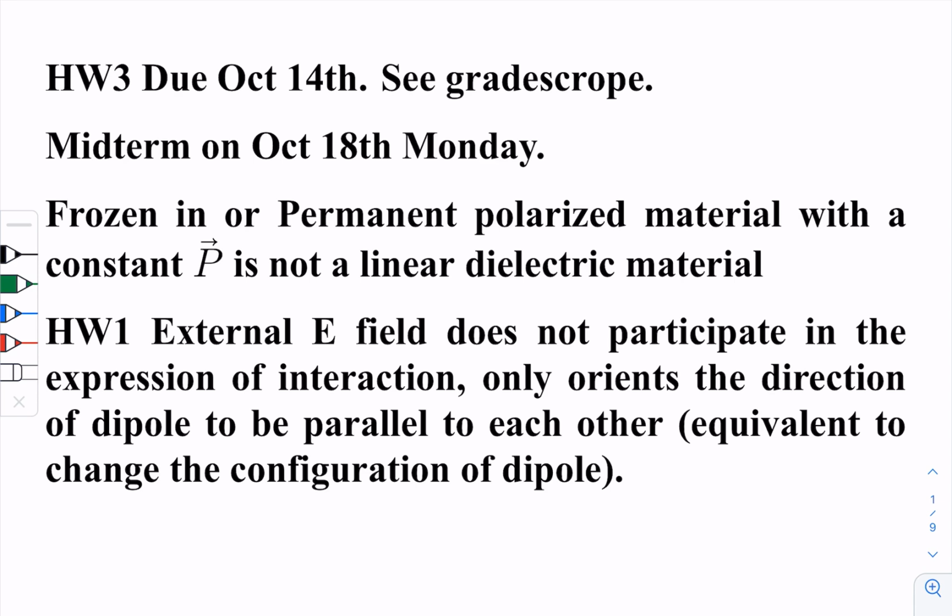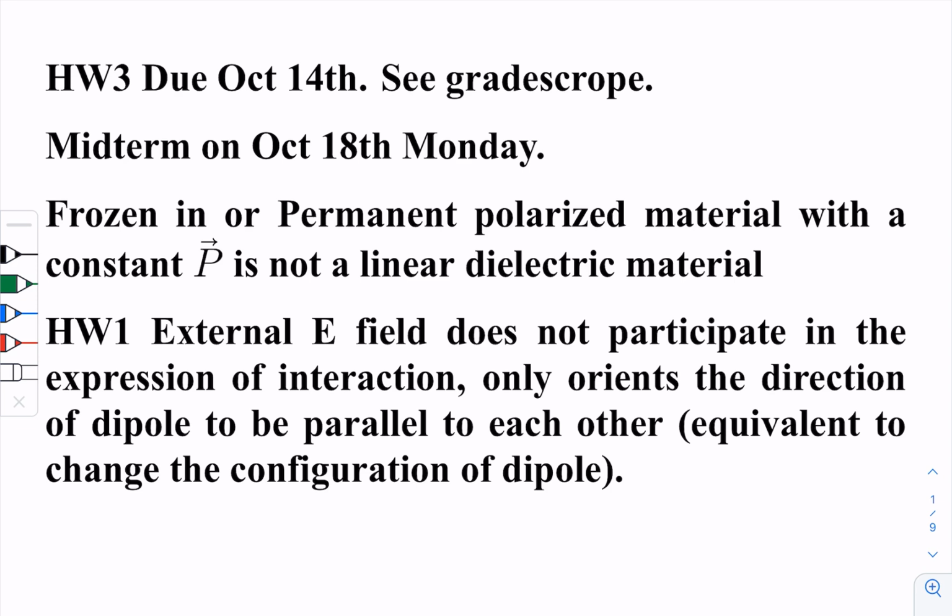And in the lecture before last, we also focused on the permanently polarized materials, where there is an intrinsic P. And I want to emphasize today that these two materials are quite different. In the one from two lectures ago, the polarization vector P does not depend on the external E field.